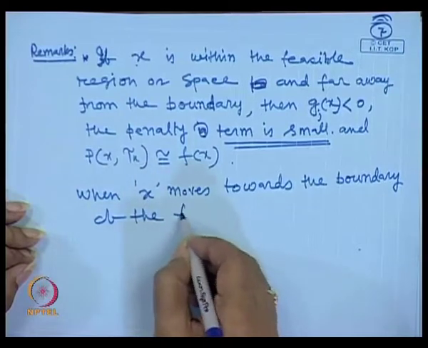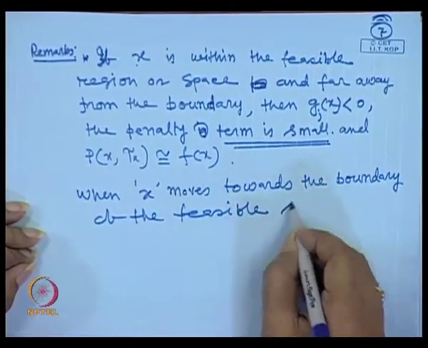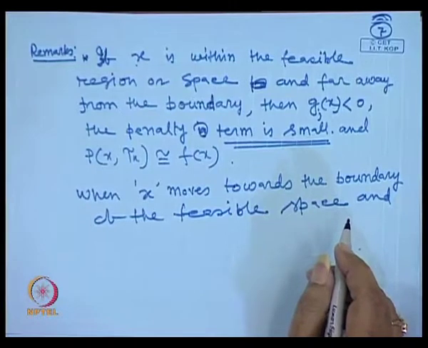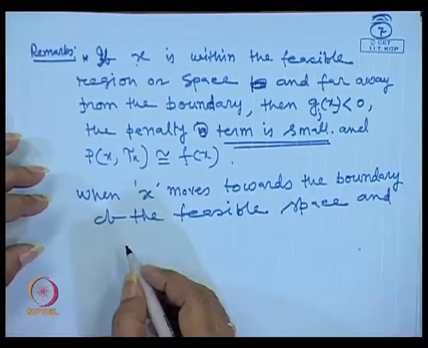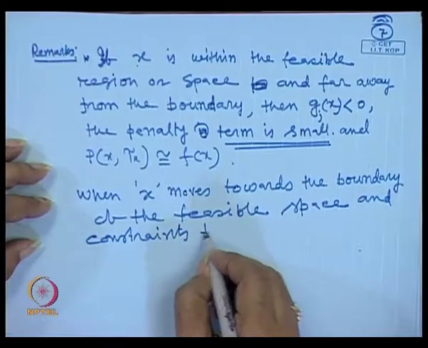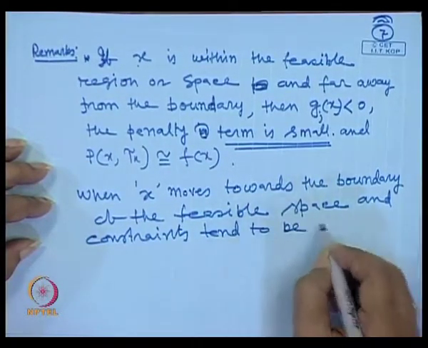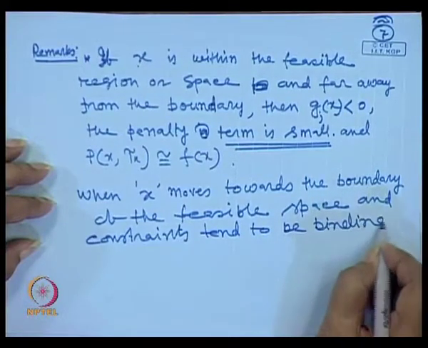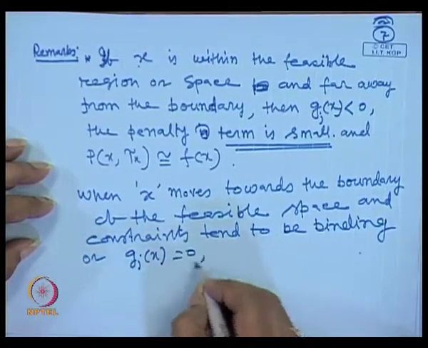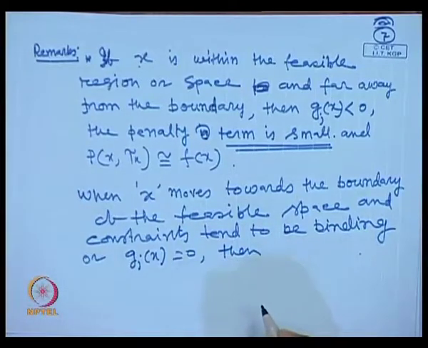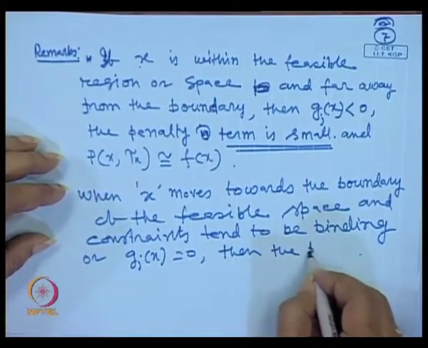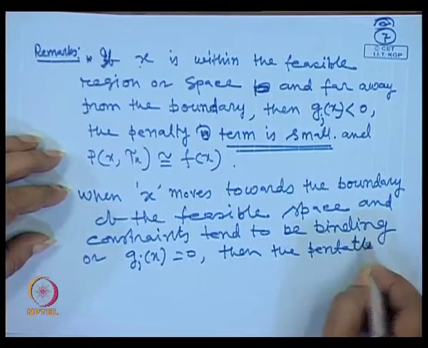Use the unconstrained minimization solution to find the optimum of the barrier function, or interior penalty function, denoted by x superscript k. From x k minus 1 you get that.